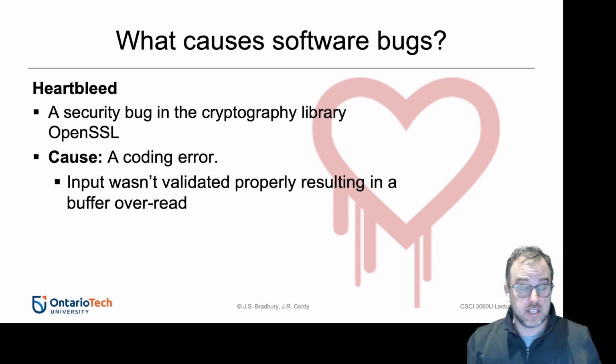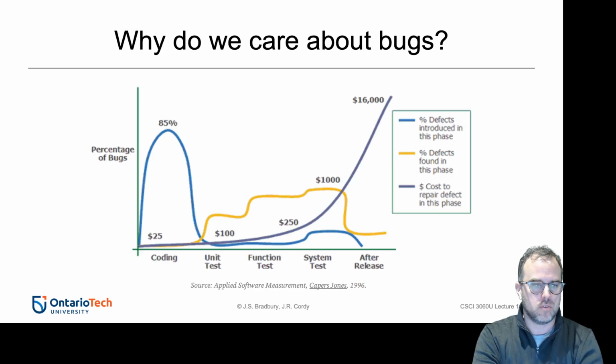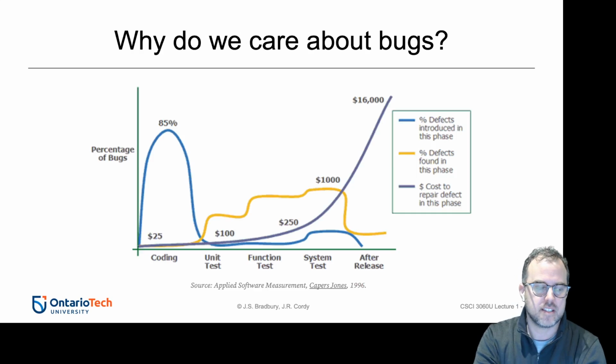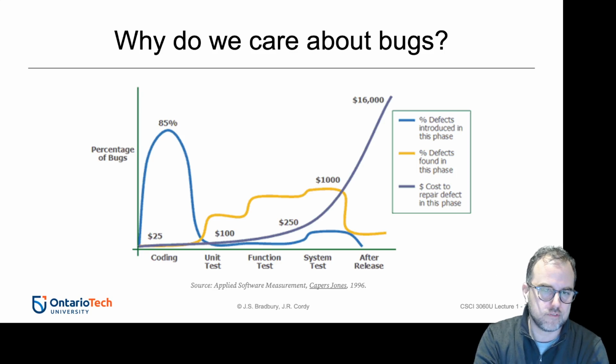And the key here is this. This is a graph, a little bit of an older one, but it shows rough numbers.